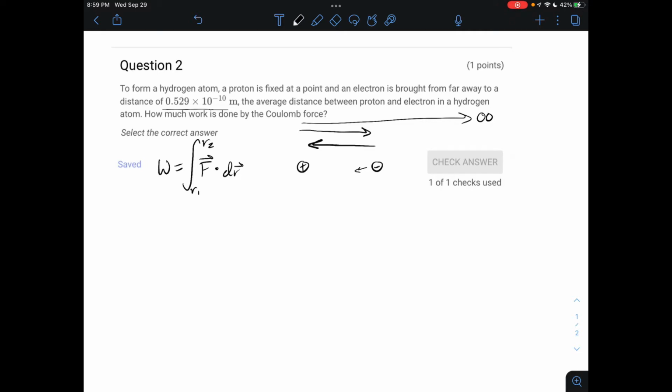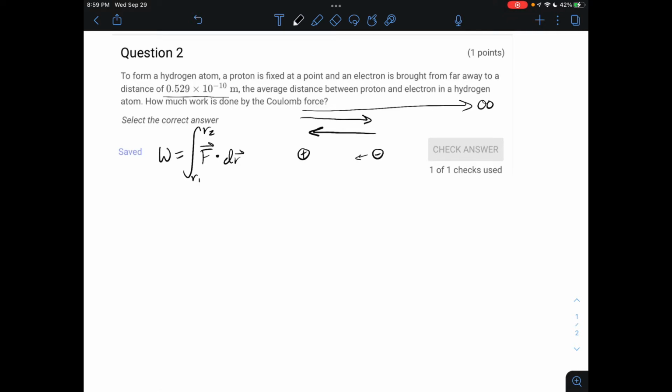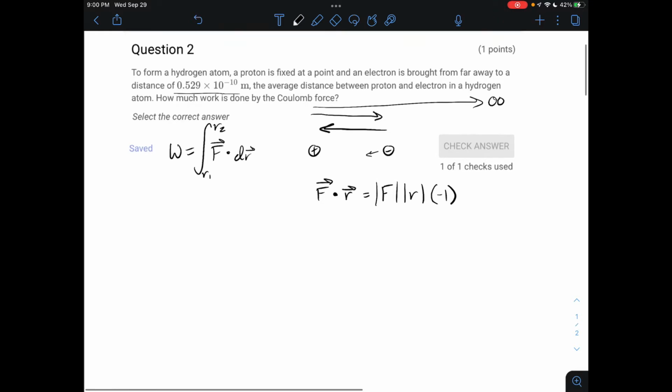So if we end up dotting these two things together, our F direction dotted with our R direction is going to just give us the magnitudes of them multiplied together. But since they're going in opposite directions, we're just going to multiply by -1. Because it would be the magnitudes of each times the cosine of the angle between them. It's going to be cosine of pi, which is -1.